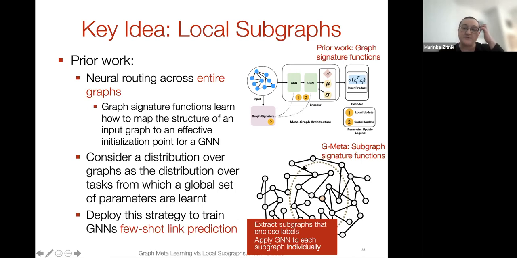Instead, GMeta specified subgraph level signature functions that were then effectively transferred from one task to the other. The way that was done is that GMeta extracted small subgraphs around each labeled example, and then applied GNNs to each subgraph individually. That gave rise to these subgraph level signatures that were then transferred from one label set to the other label set.